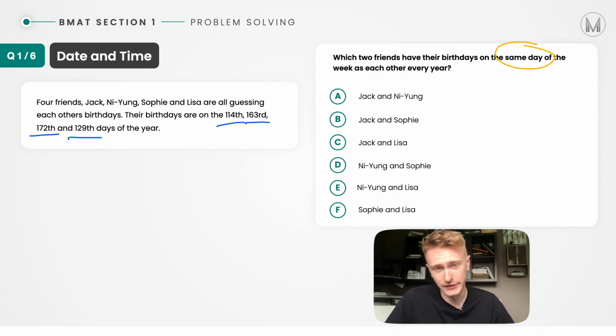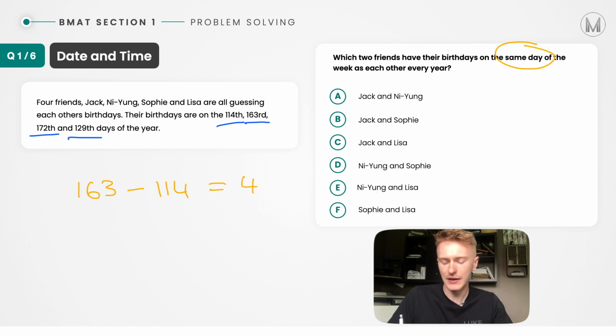However, there's a quicker way to do this, and the quicker way is to realize that we're looking at the differences between the friends. So let's take an example. If we take Jack and Ni Young, the 114th as well as the 163rd birthday, and we find the difference. So in this case, let's do 163 minus 114, and that would give us 49.